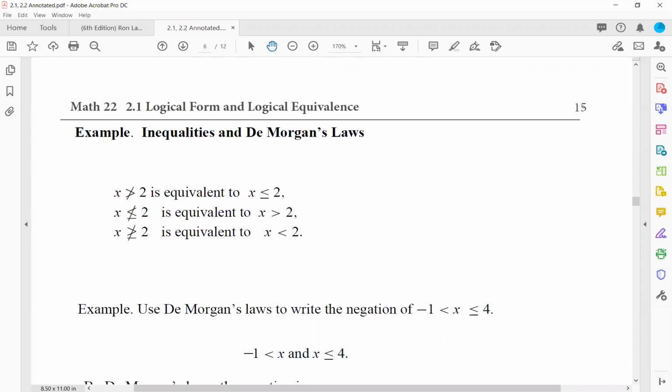Or the negation of x greater than or equal to 2 is the same as saying that x is less than 2. So this is the negation of x greater than 2, the negation of x less than or equal to 2, and this is the negation of x greater than or equal to 2.